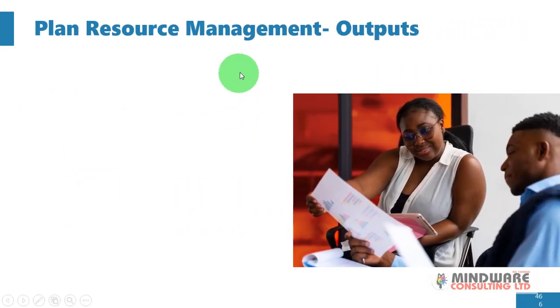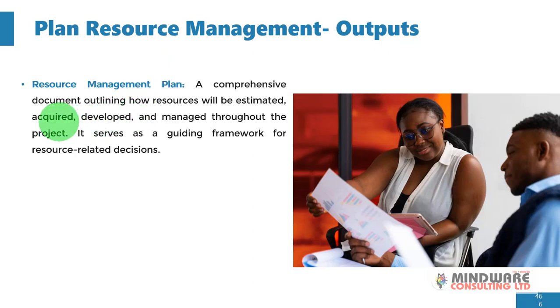is the outputs. All right, what are the outputs that we need to be looking at in this plan resource management sub process? So the first and foremost output is the resource management plan. Okay, this is a comprehensive document outlining how resources will be estimated, acquired, developed, and managed throughout the project.